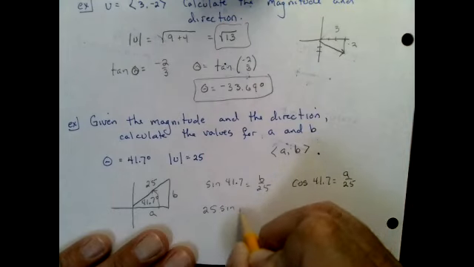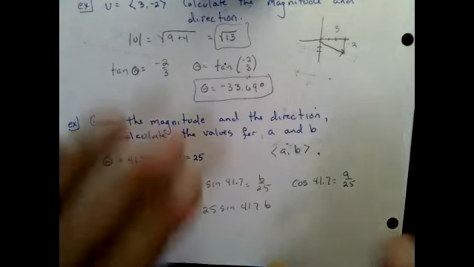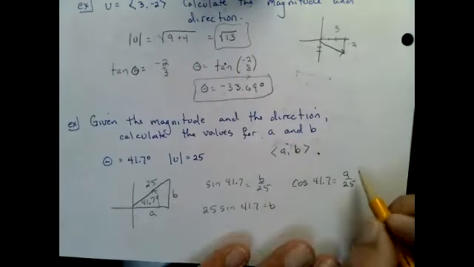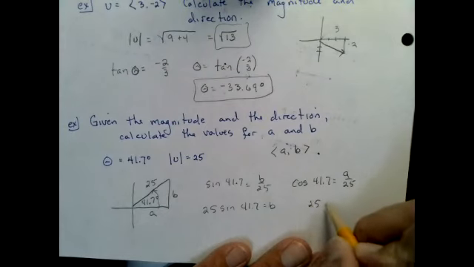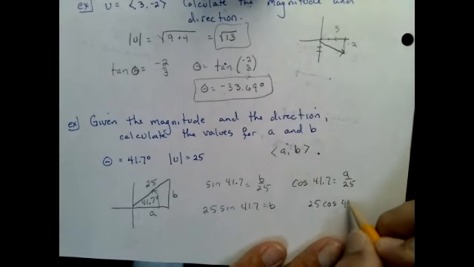The sine of 41.7 times 25 equals B. So check it out. My B is 25, the magnitude, times sine theta. The other one is magnitude times cosine of theta.